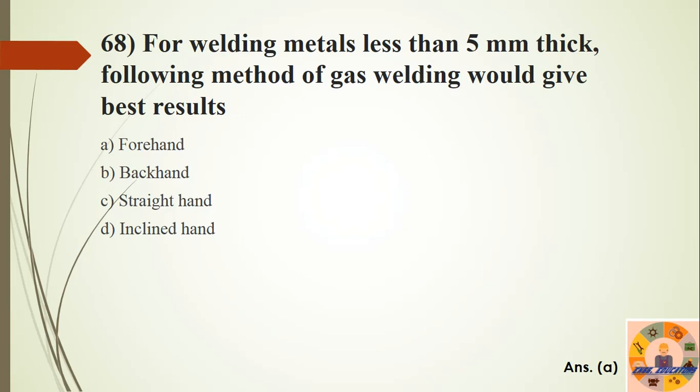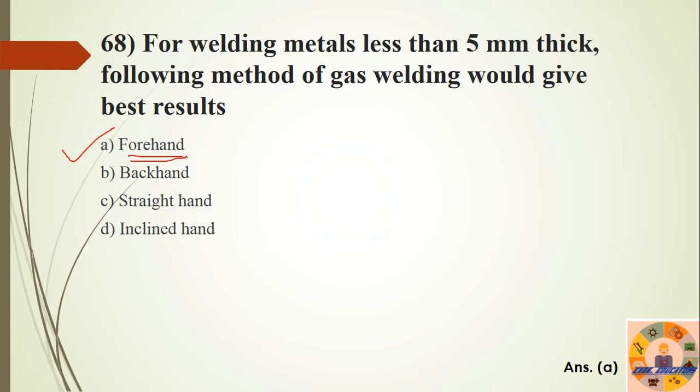Next question is, for welding metals less than 5 mm thick, the following method of gas welding would give the best result. Option A, forehand. Option B, backhand. Option C, straight hand. Option D, inclined hand. And the right answer for this question is forehand.